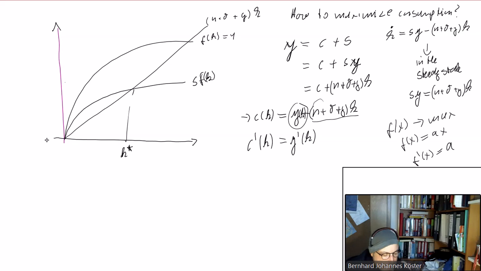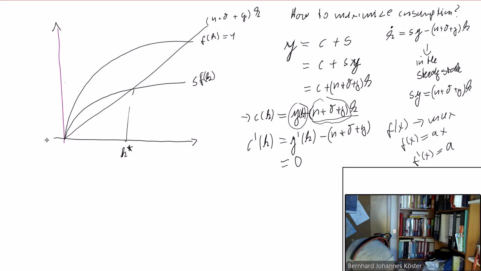So we, of course, end up just with the slope here. So n plus delta plus g. And what is the condition? What has the first derivative to be in the maximum? Equal to 0. Equal to 0.